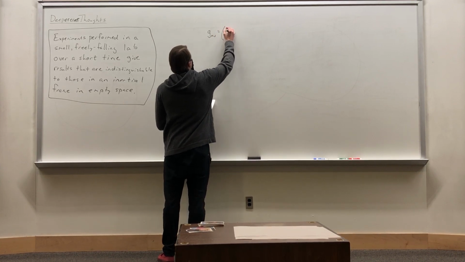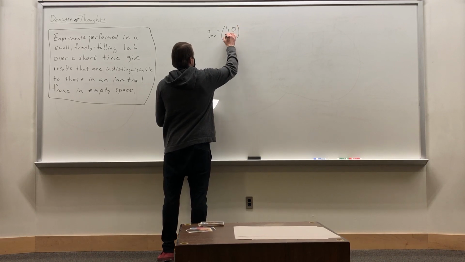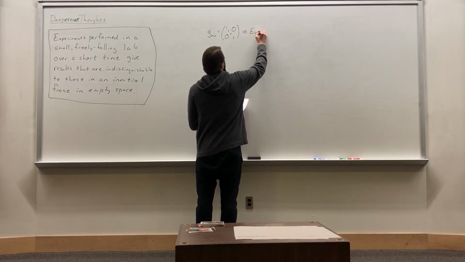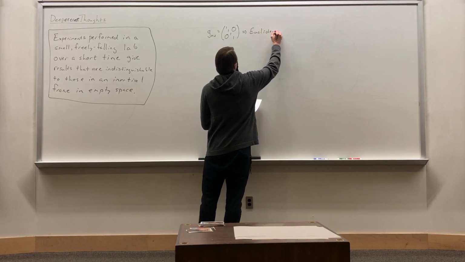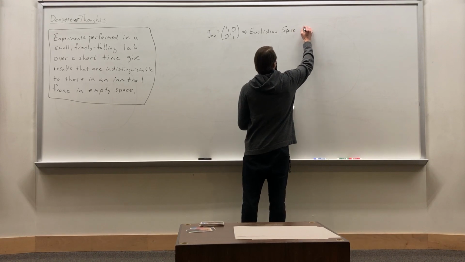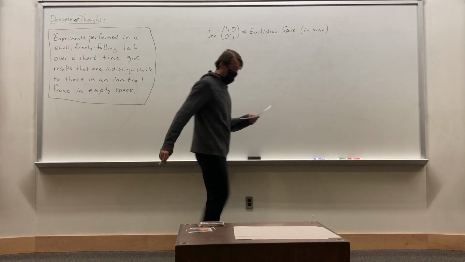First of all, if you're ever given the metric as the identity, then this is called Euclidean space, in rectangular coordinates. Okay?